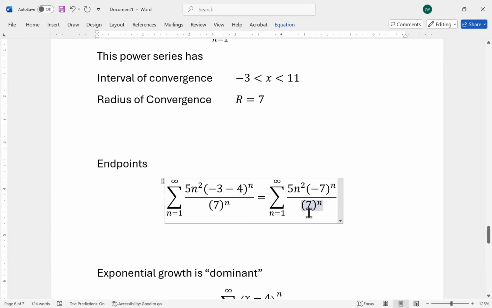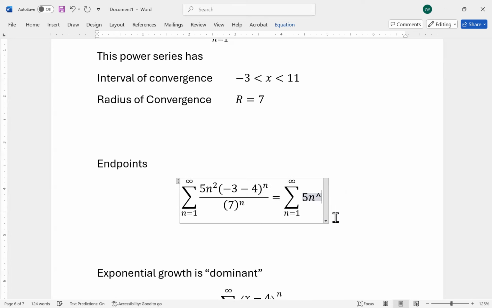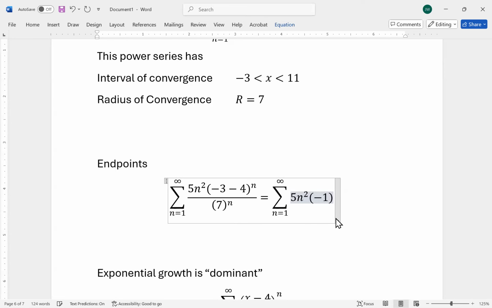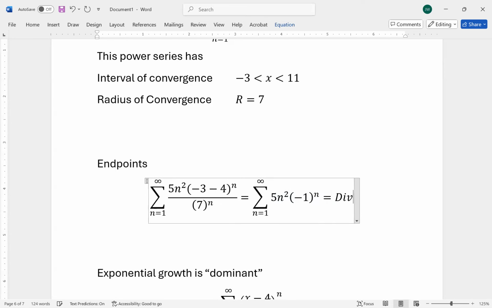Those are going to cancel out, and the 5n squared will stay put. So we'll get 5n squared times -1 raised to the nth power. This is alternating, but it is growing. The terms are growing. Therefore, since the limit of those terms is not 0, this diverges.